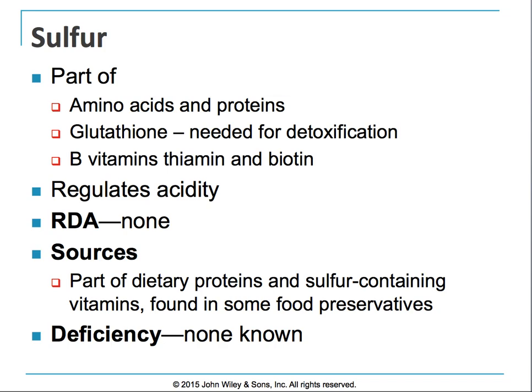Sulfur works to regulate the acidity, so regulate the pH of your body. There is no RDA for sulfur. Sources include part of dietary proteins and sulfur-containing vitamins, and also found in some food preservatives. And there have been no known effects of deficiency.